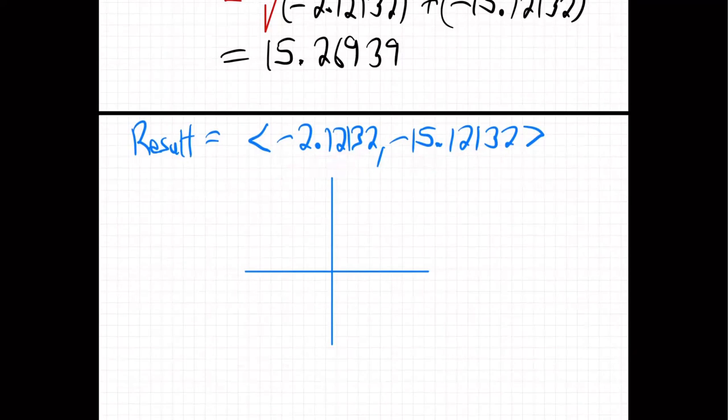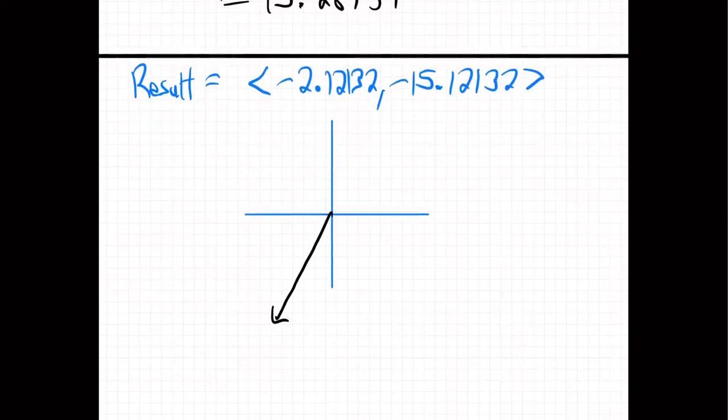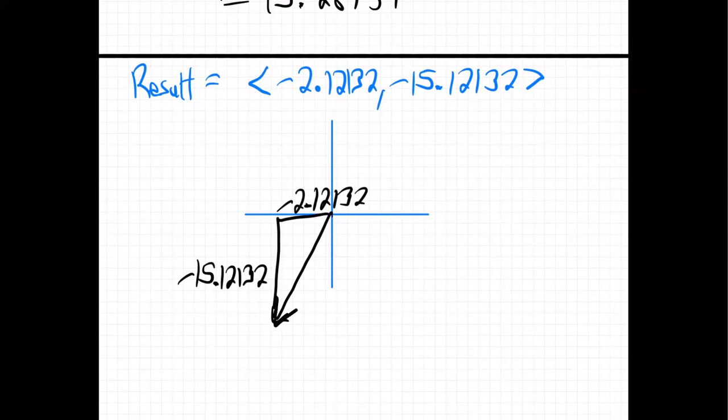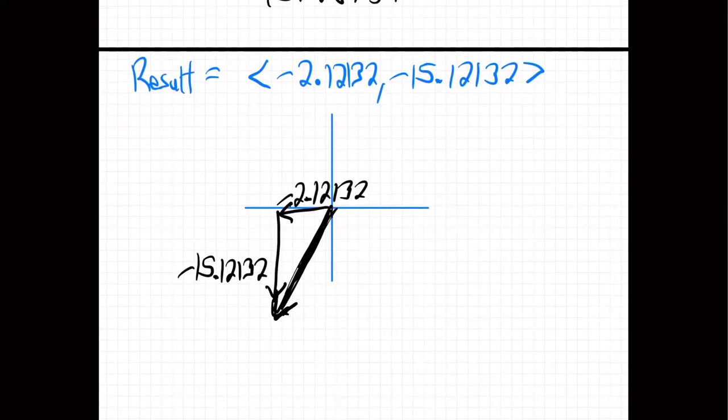So it's going sort of like this way. It's going left 2.12132 and down 15.12132, like that. And so here's the result. It's left and down.